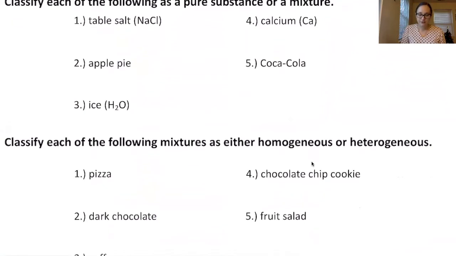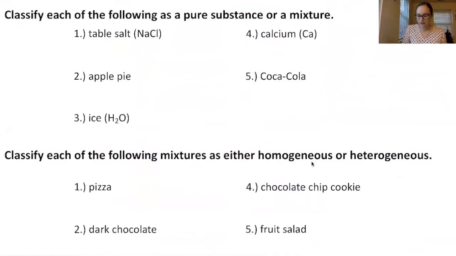Okay, so the first section says to classify each of the following as a pure substance or a mixture. Table salt, as we talked about earlier, has a uniform composition, therefore it's a pure substance. And then we have an apple pie. You can see the crust is different from the filling, and the filling has the liquidy part and then the chunky part. So it is definitely a mixture.